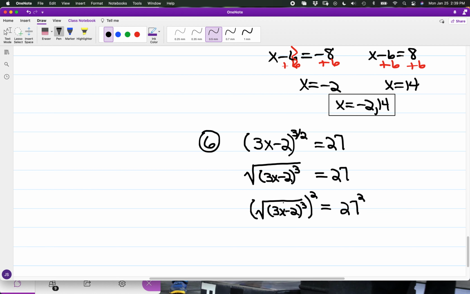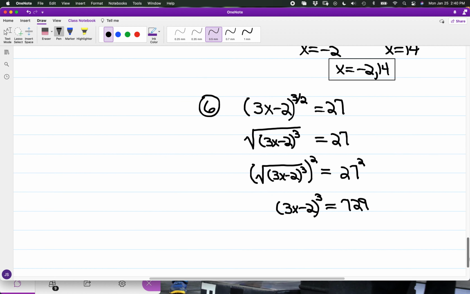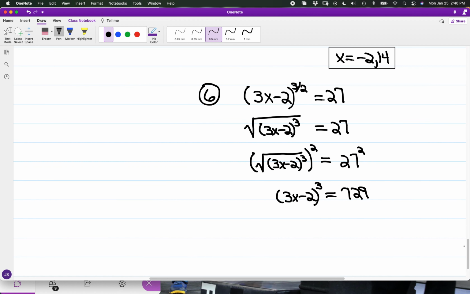And if I square both sides, I'm still going to have 3x minus 2 to the third left over. And we have 27 squared. So 27 times 27, this will be 729. Now for 3x minus 2 raised to the third equal to 729.